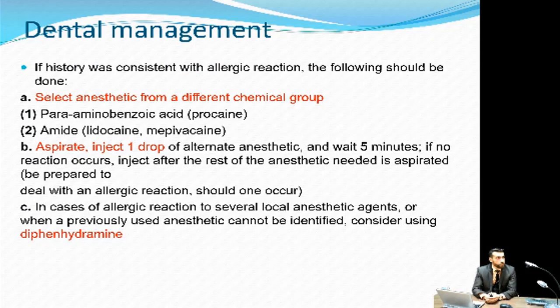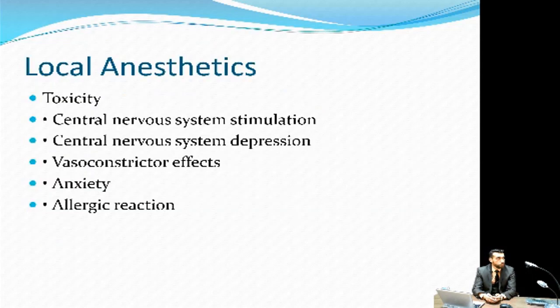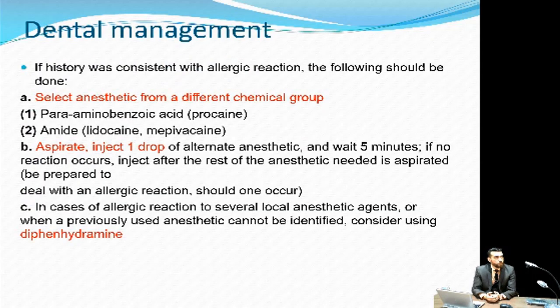How can you manage patients who have true allergic reactions to the local anesthetic? If the history of the patient was consistent with a true allergic reaction, the following points should be done. 1.